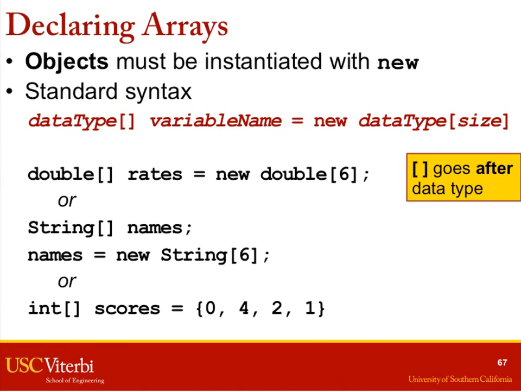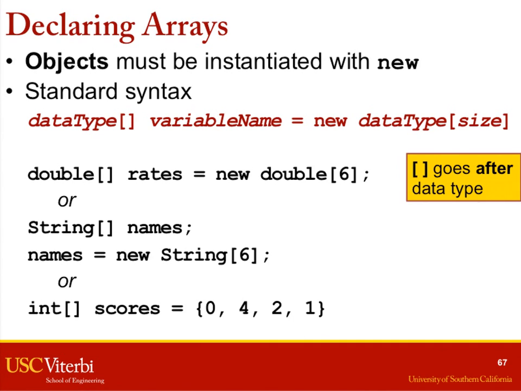So there's good things. How we create arrays is we have our data type here. Then we put the square brackets, which basically means we're going to create an array of this, right? Then the variable name, following the rules as before, equals new. We have to use this new because it's an object.